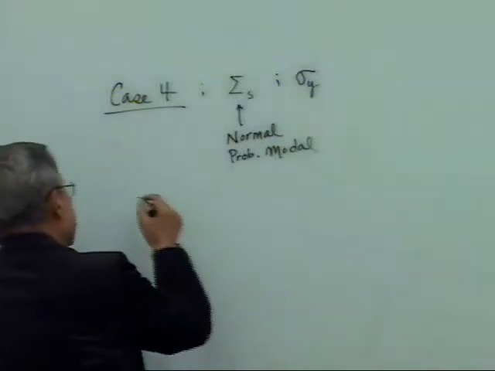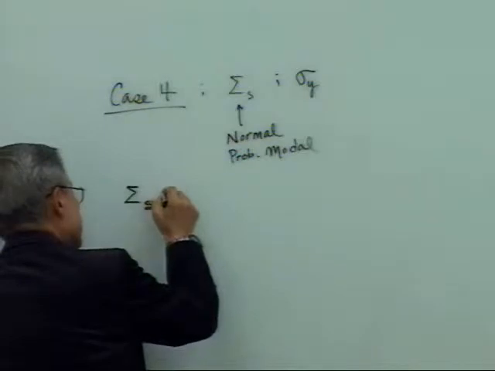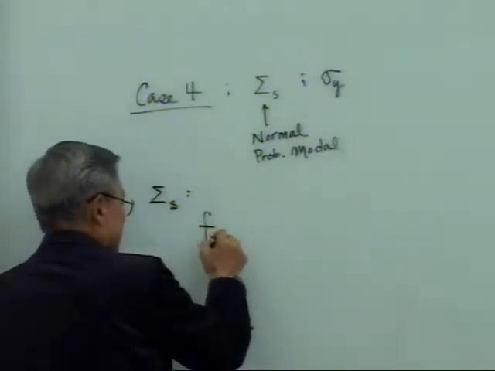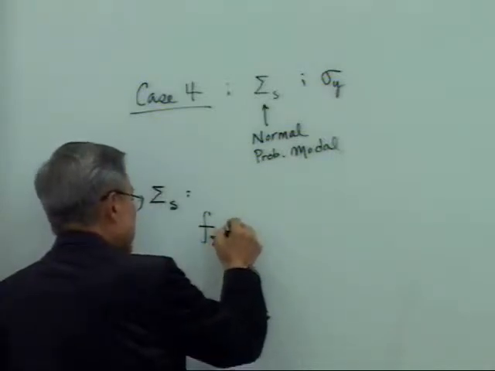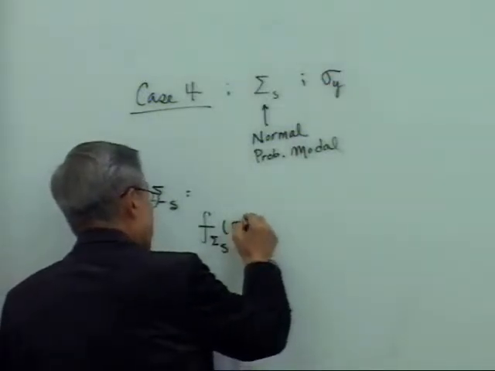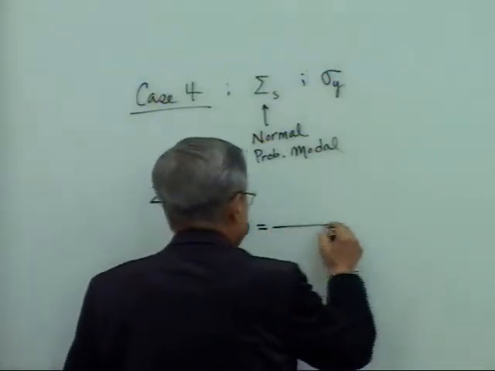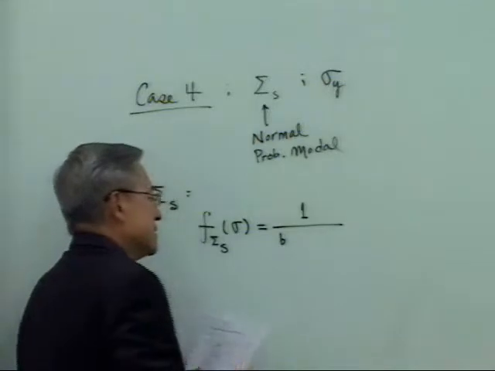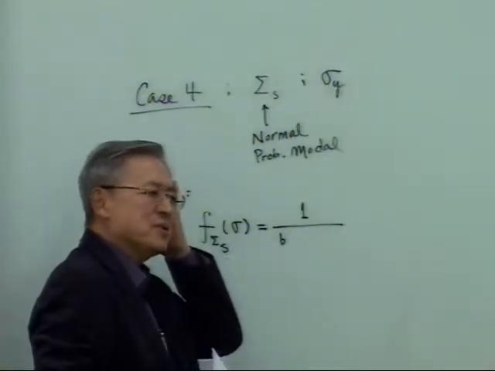And for the actual stresses, for the normal, I use the capital letter sigma S, and sigma is equal to... The notation is kind of tangled up, it's not simple.